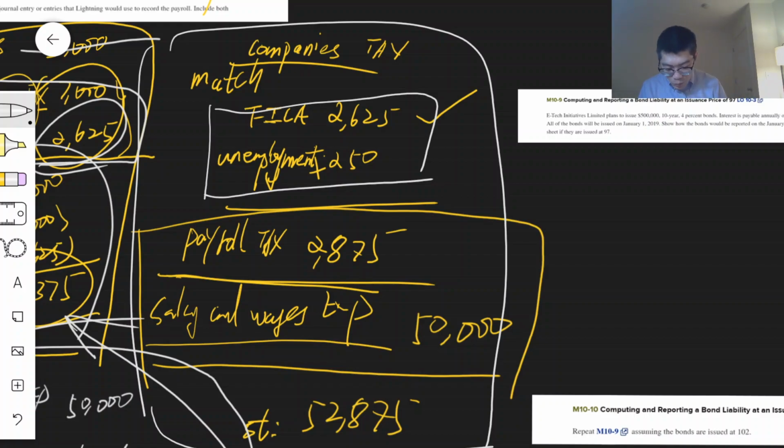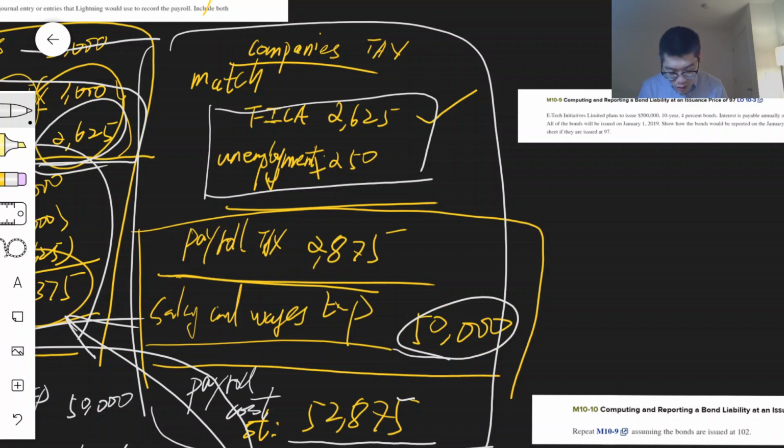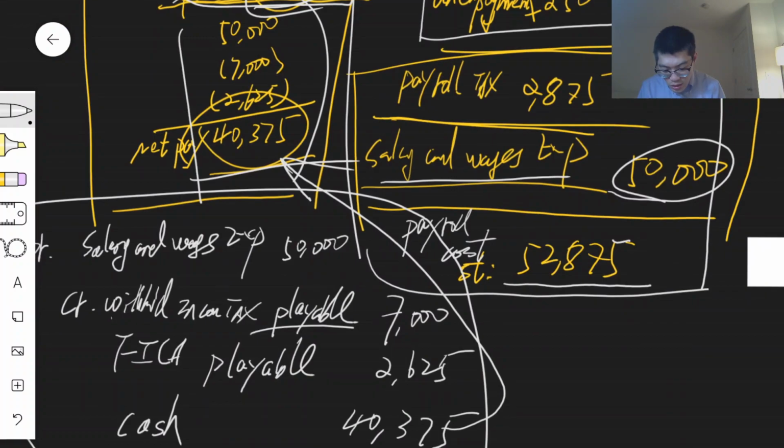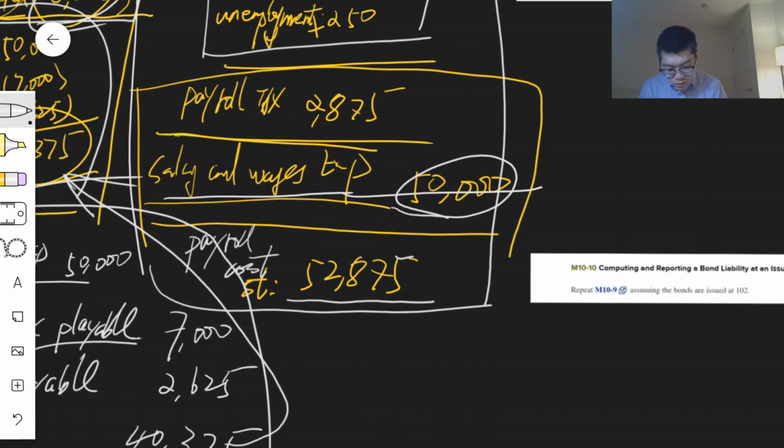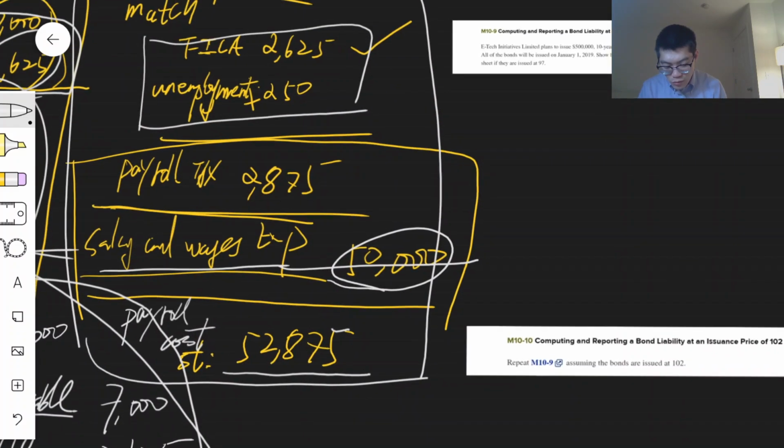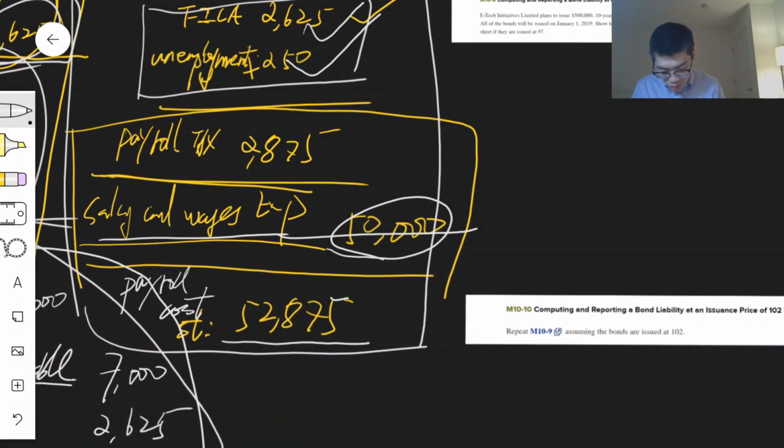The total payroll cost is $52,875, but this $50,000 salary and wages expense we have already recorded in that journal entry. So the only thing left that has not been recorded are these two numbers. So how do we record this?